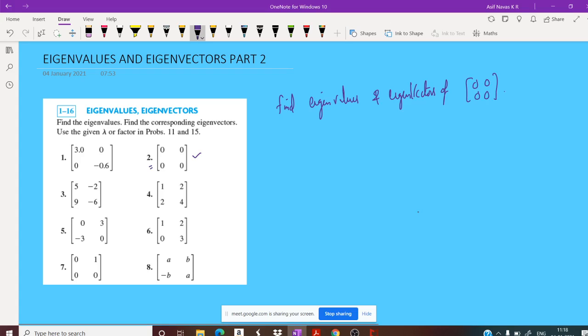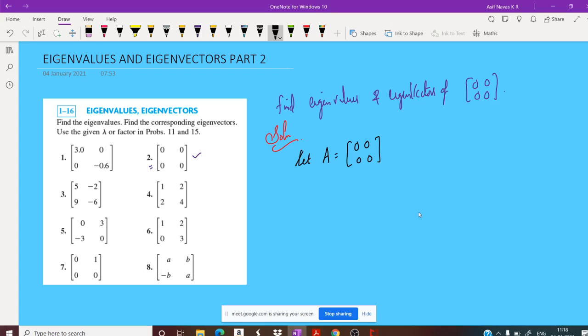Solution: first of all, we will find the eigenvalues and eigenvectors. Let A equal this matrix 0, 0, 0, 0.